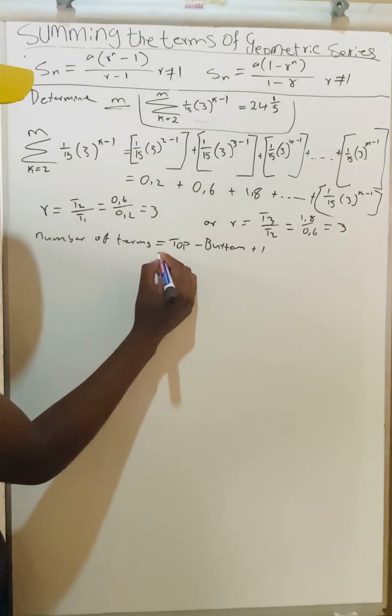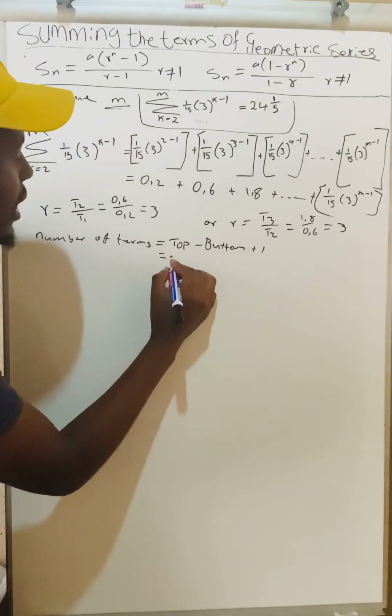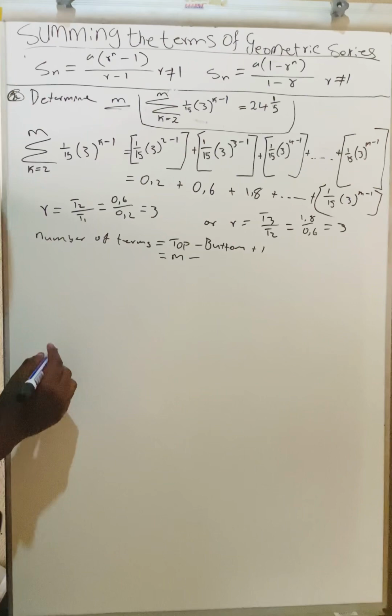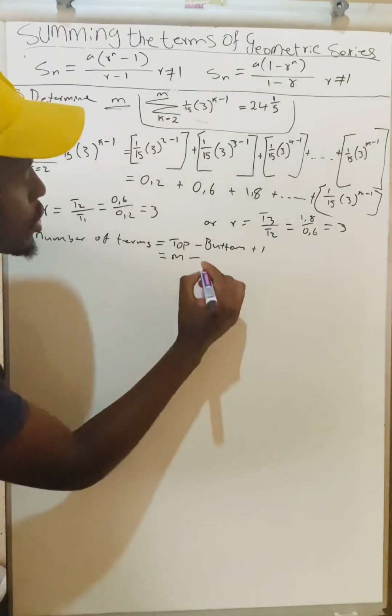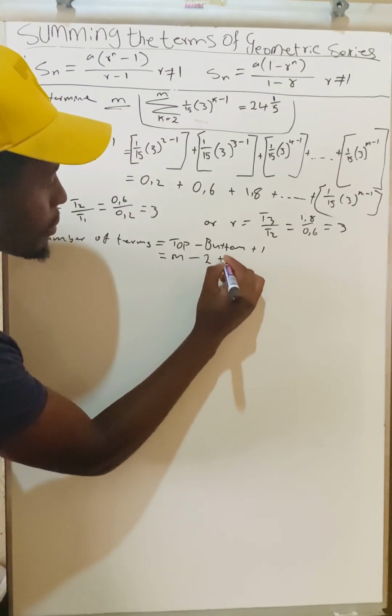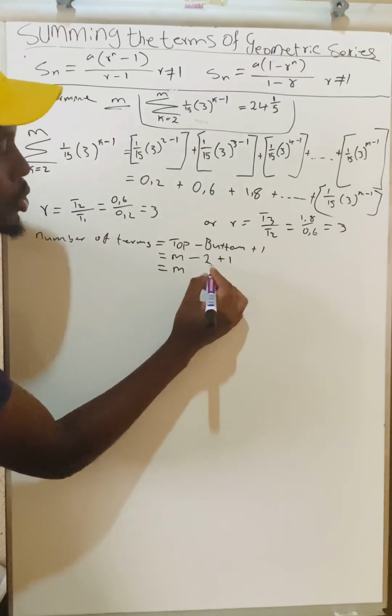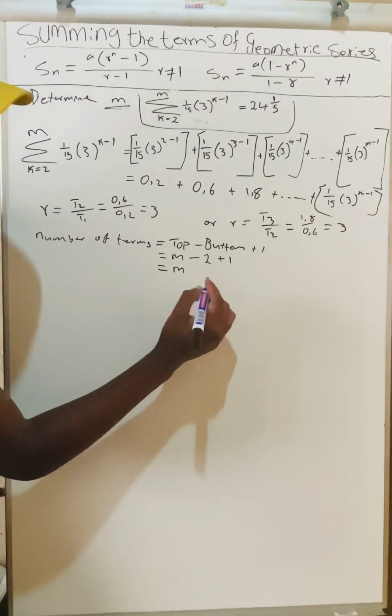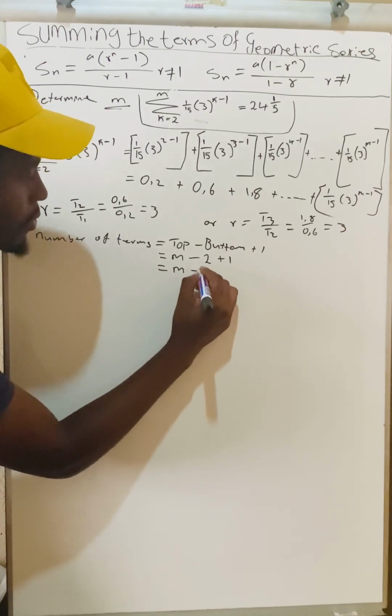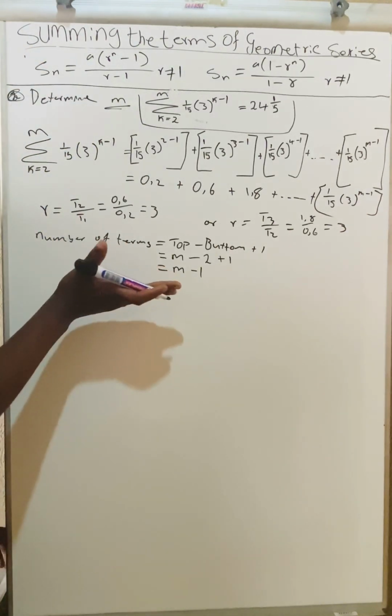Then what is your top value? It is m. Your bottom is 2, then you say minus 2 plus 1. Then you will get m minus 2 plus 1, it will be m minus 1. You have something like this.